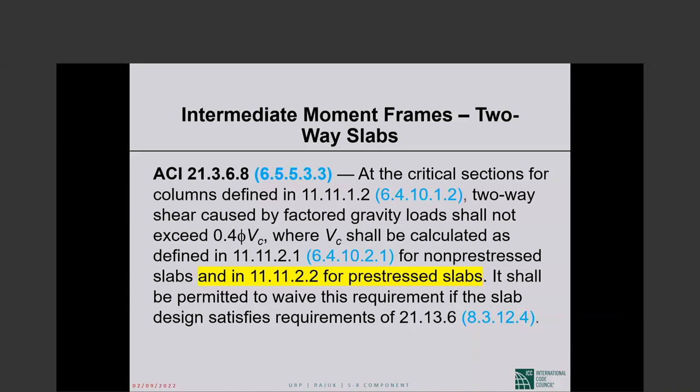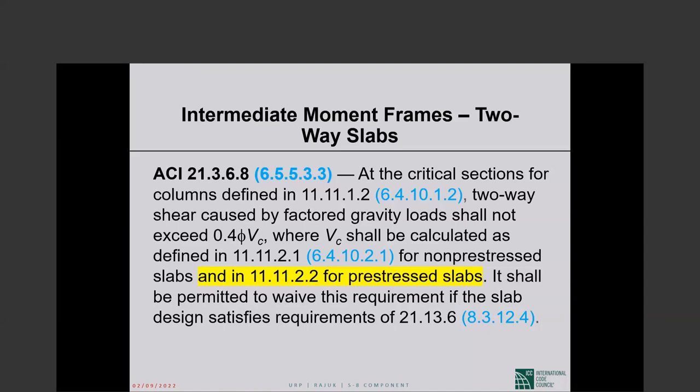The days are now mixed up. Okay, so if a flat plate is serving as part of an intermediate moment frame, then at the critical section around a column, you cannot have punching shear due to gravity exceeding 40% of the punching shear that concrete alone can carry.